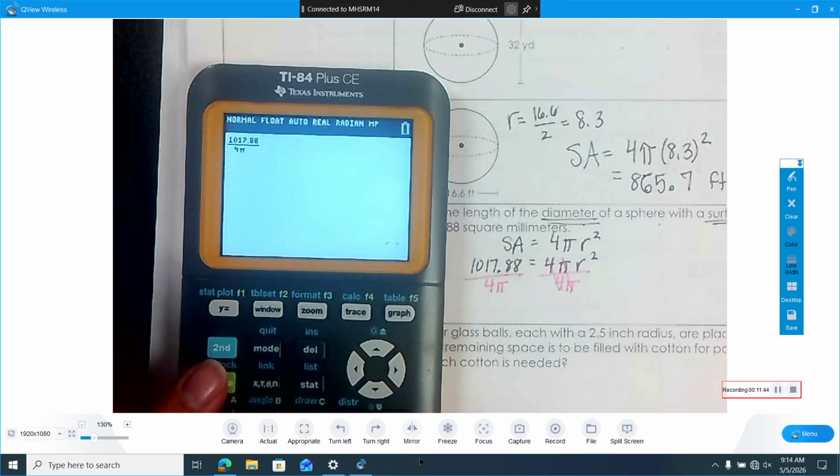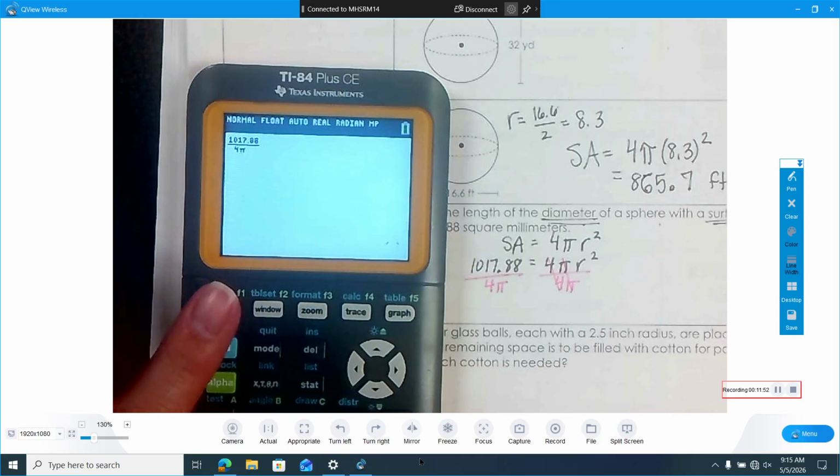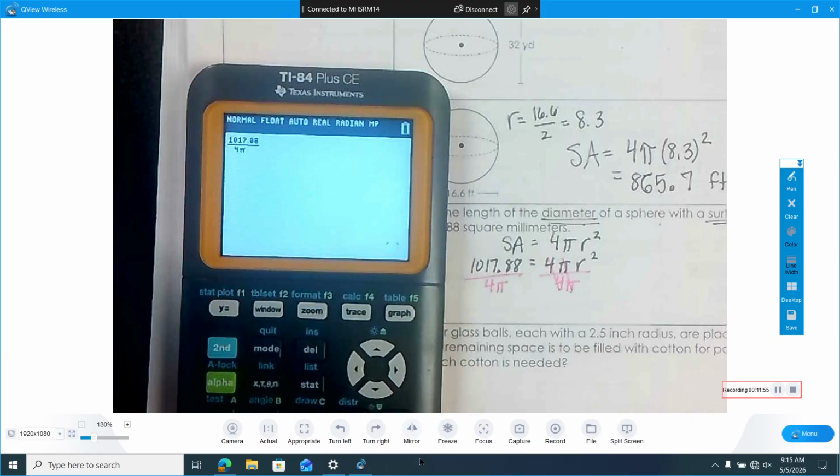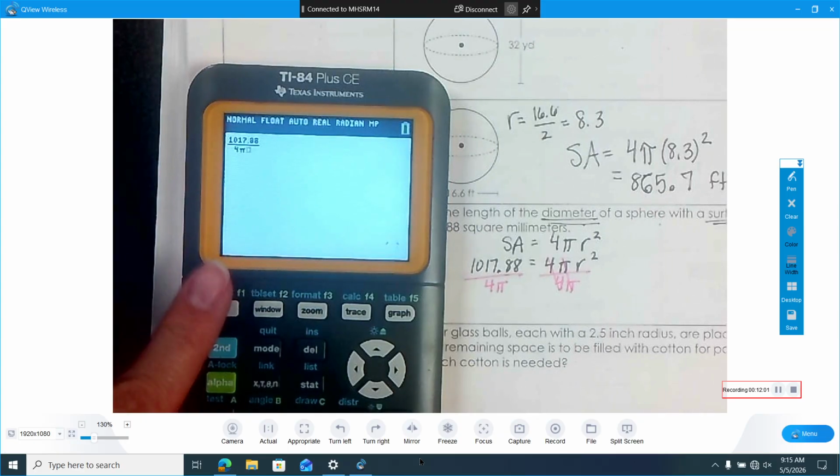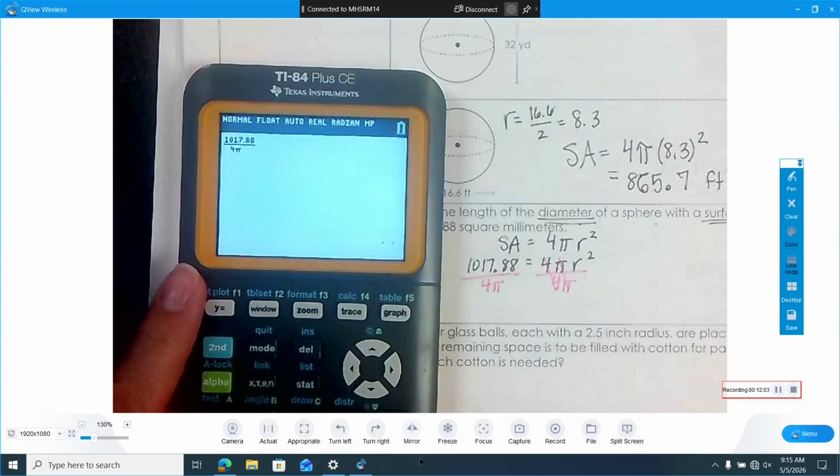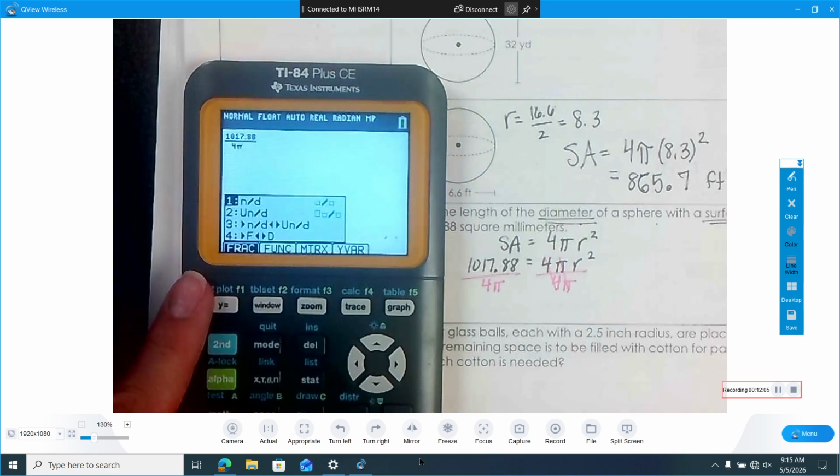So I went alpha, right here, F1, and numerator denominator. Find it? Okay, alpha F1. It says numerator denominator. I'll do it again. Right there, number 1, numerator denominator.